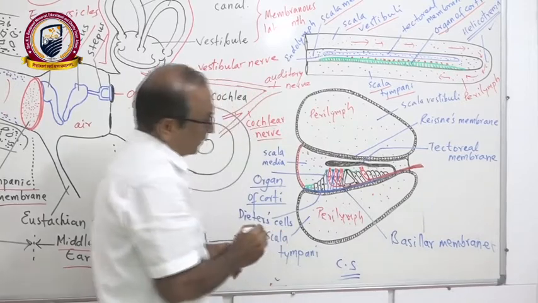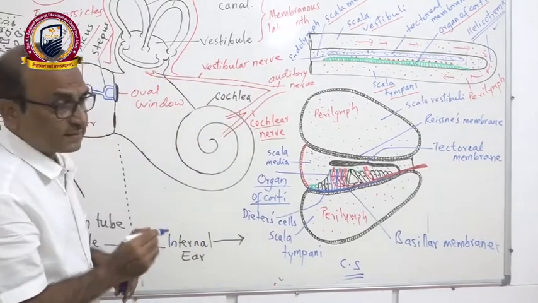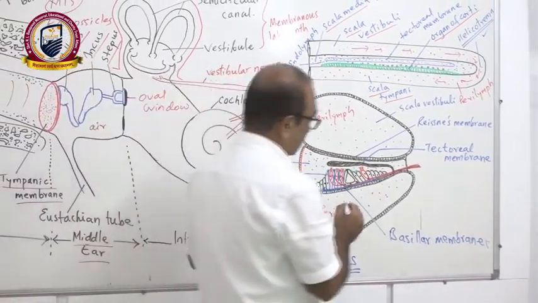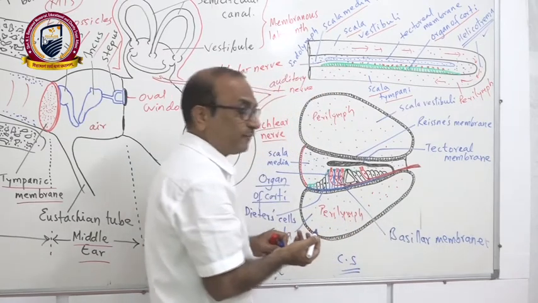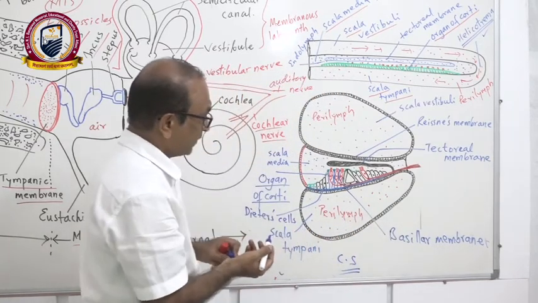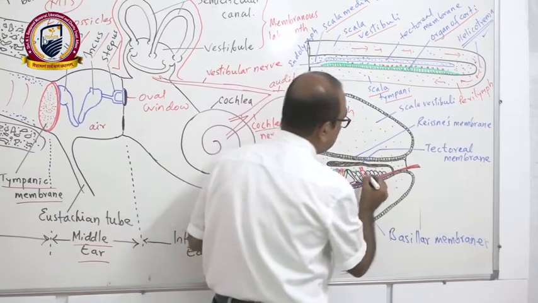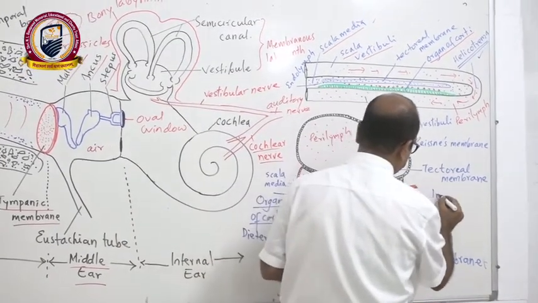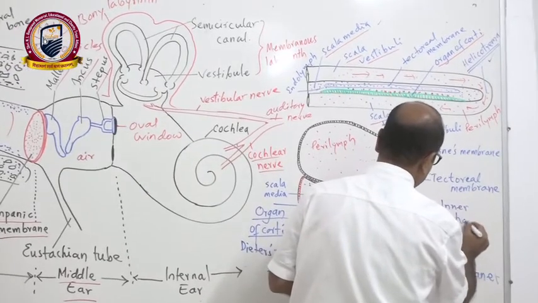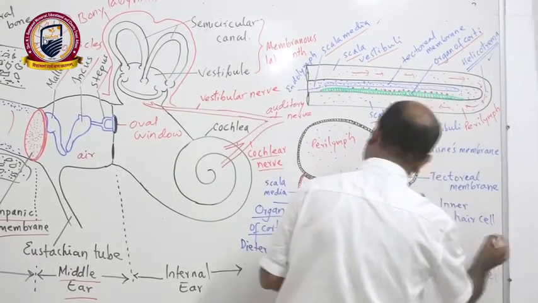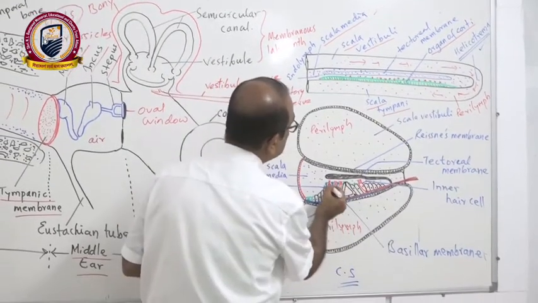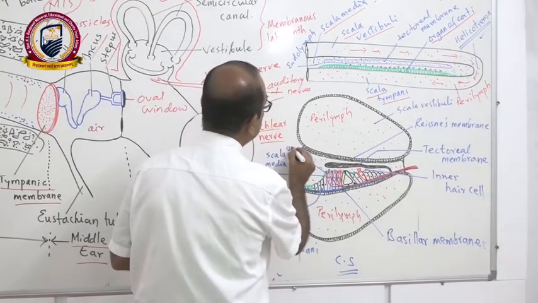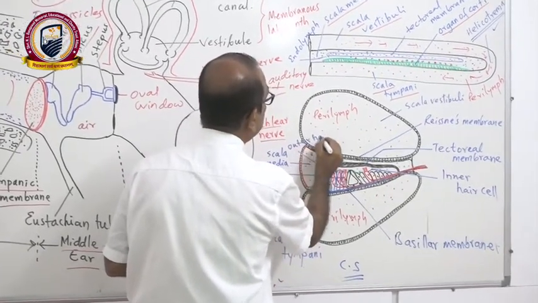The main actual sensory cells, the receptors for the sound waves or the phonoreceptors here, are the hair cells. This is the inner hair cell, and these are the outer hair cells.